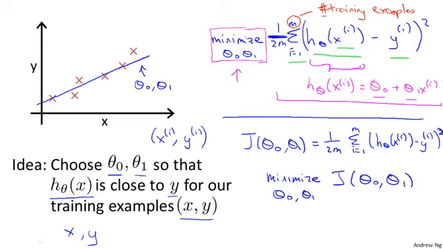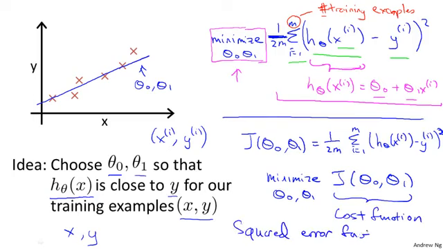This is my cost function. This cost function is also called the squared error function, or sometimes the squared error cost function.